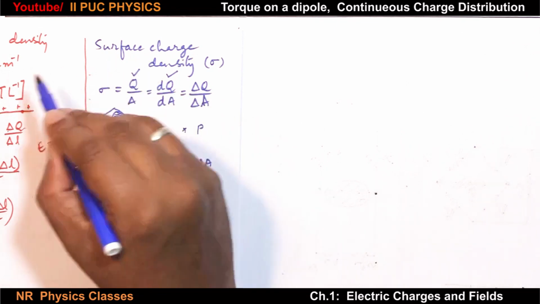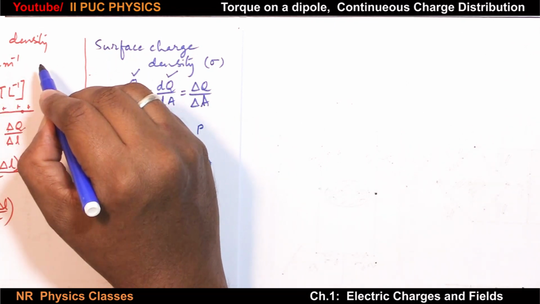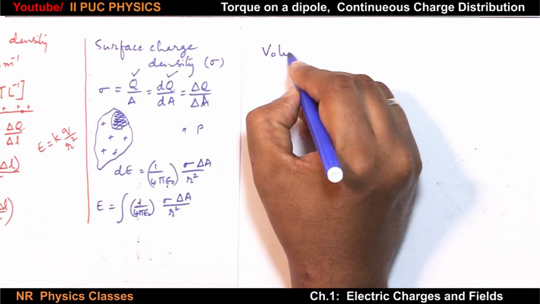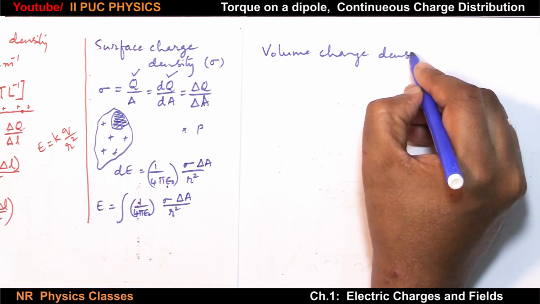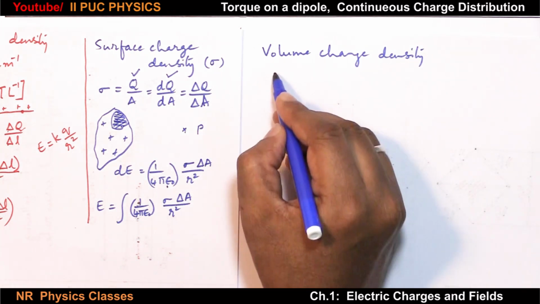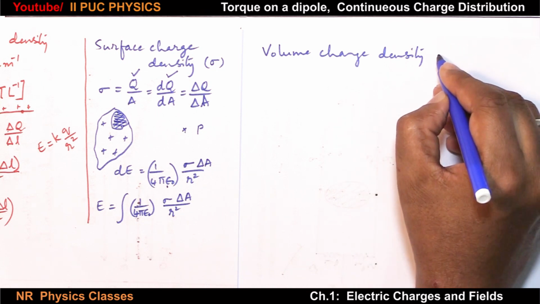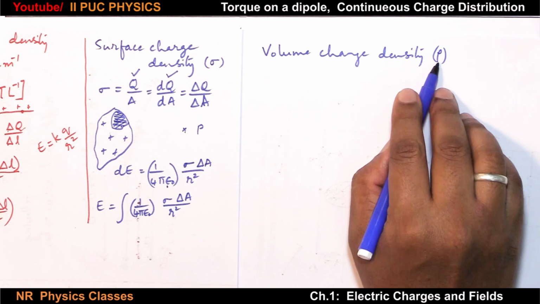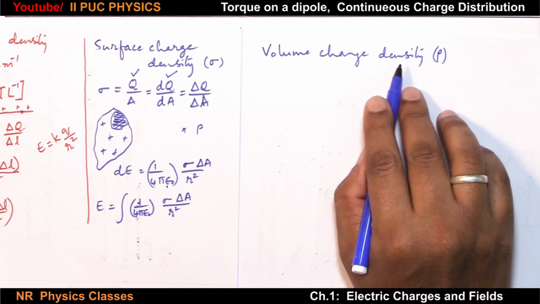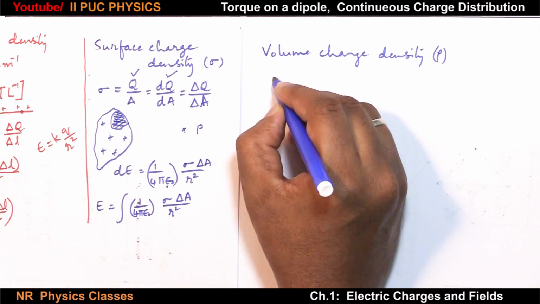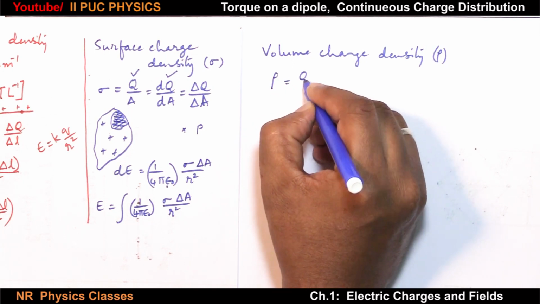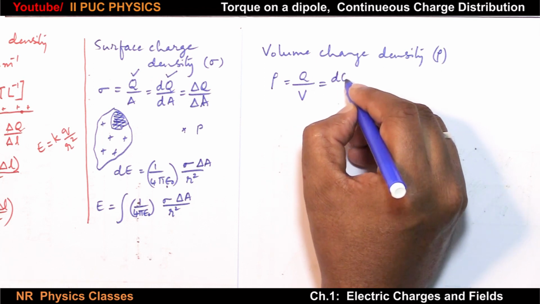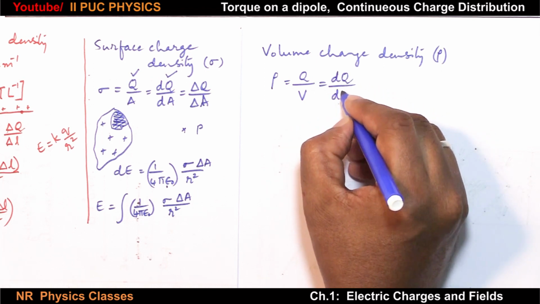After line and surface charge, now volume. Volume charge density is represented by rho. In 11th standard, we have used this for density. Now let us use this for volume charge density. Volume charge density is charge by volume, or very small charge dQ in very small volume dV.